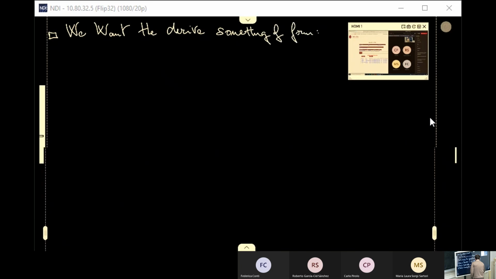We want to derive something of the form that we saw yesterday: the virtual displacement of the dependent coordinates equal to C di times delta y.